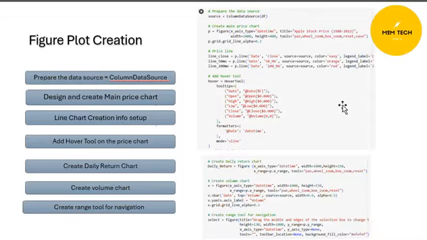These Python codes are used for my chart plot creation.